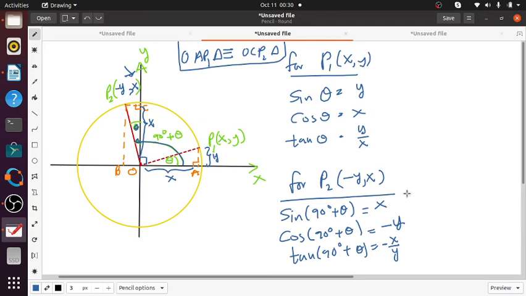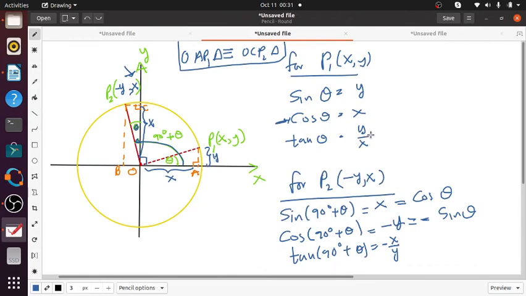Let's look at the relationships between these trigonometric ratios and the trig ratios for the point P1. What is x equal to? x is equal to cosine theta. Cos of 90 plus theta is equal to minus y, and minus y is equal to minus sine theta.